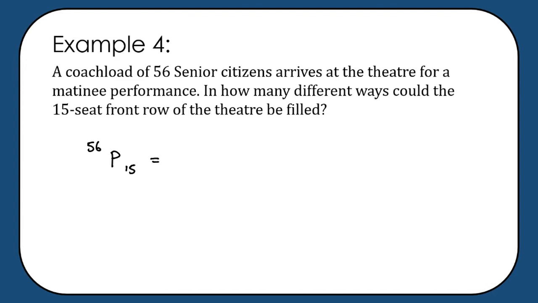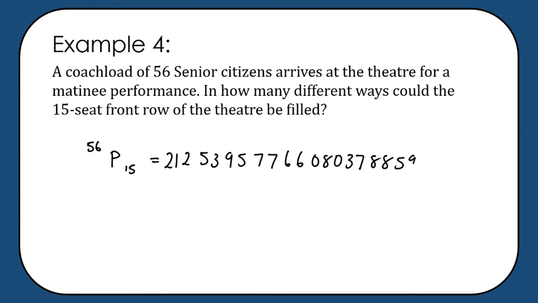And we actually find that it's quite an extraordinary answer. 2125397676037888595, with 4 zeros at the end. So there are that many different ways to arrange. So again, with these kinds of problems, as we increase the numbers, even just fairly modestly, the number of different arrangements increases very, very rapidly.